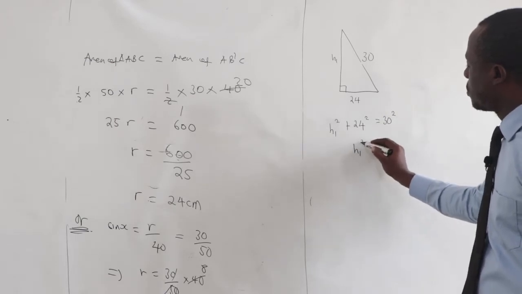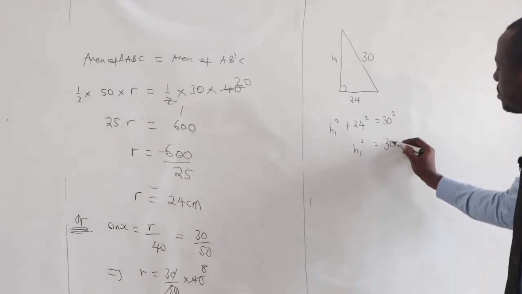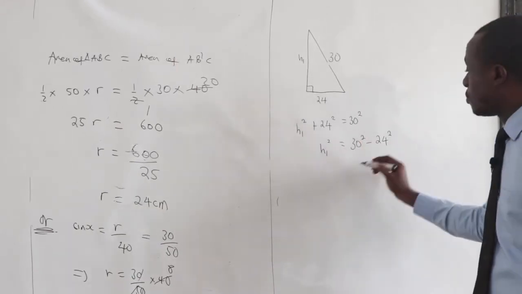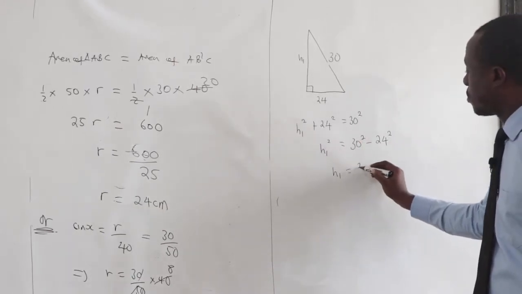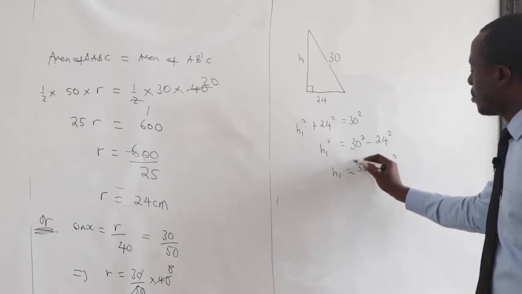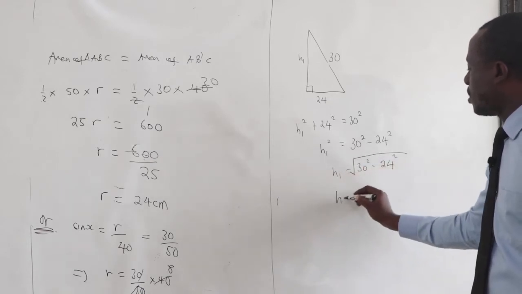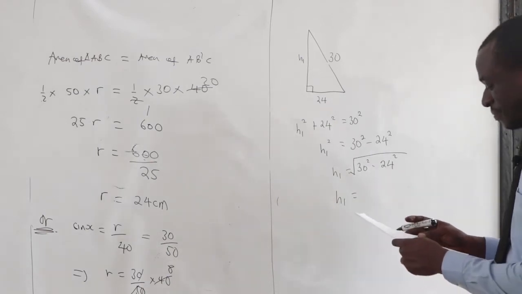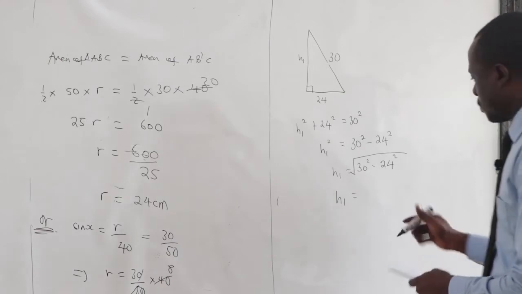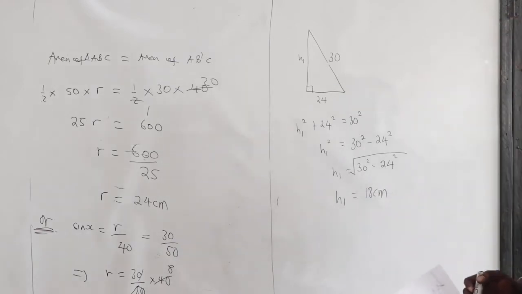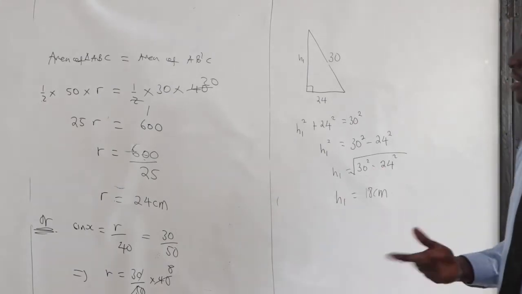So H1 square is 30 square minus 24 square. Now the square will change to square root. H1 equal to the square root of 30 square minus 24 square. When we use the calculator, this one will give us 18 centimeters.